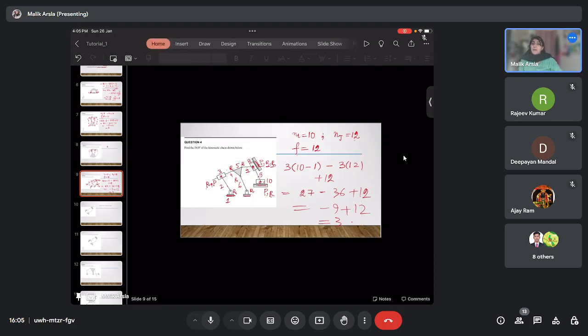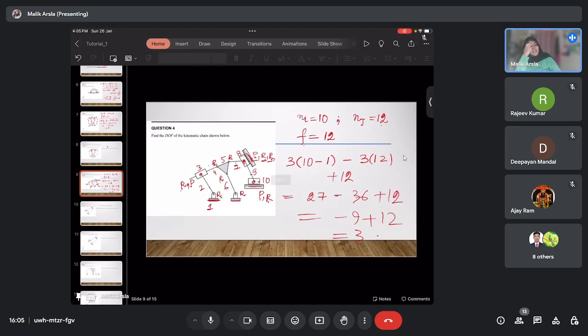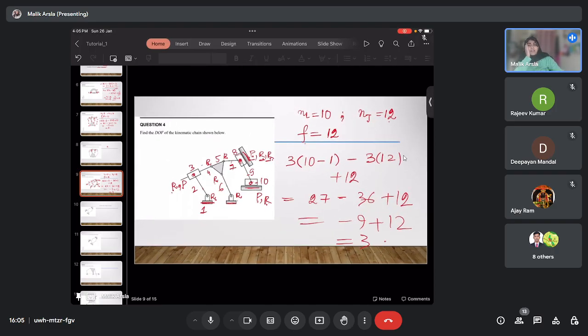So understood? Does anyone have a doubt in this question? Because this is really important. It is the first step for this course. If you have doubts, you can ask me now. Everyone understood? Say something, at least yes or no, or maybe.